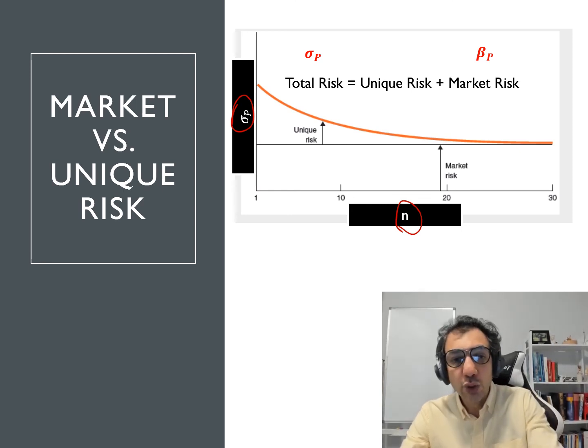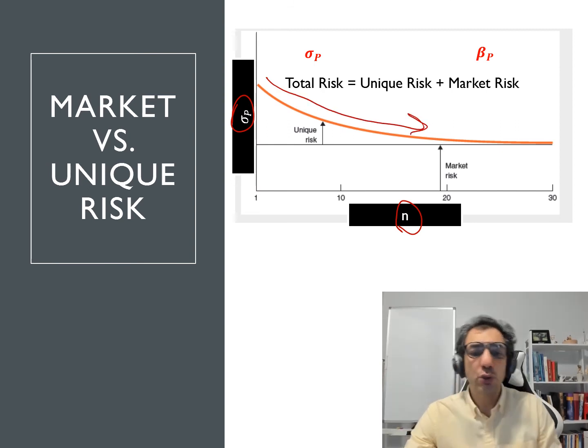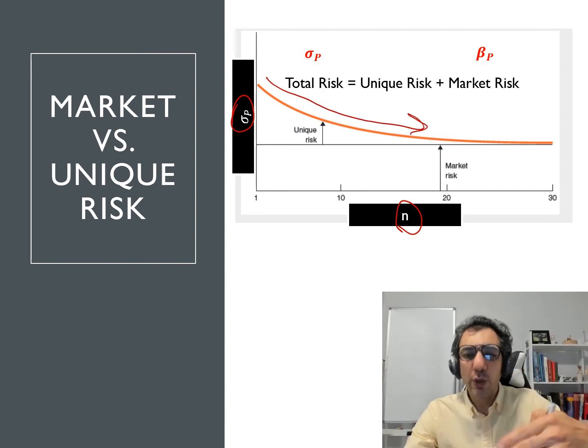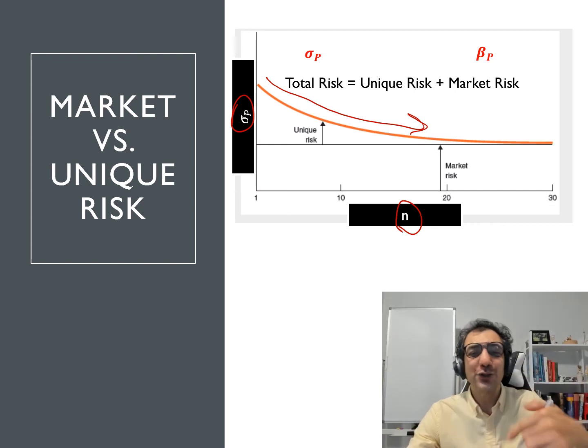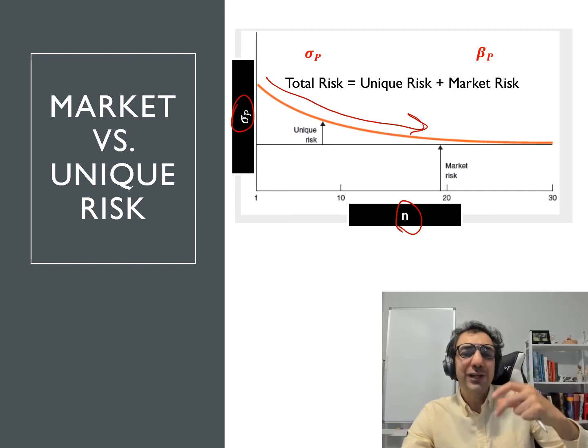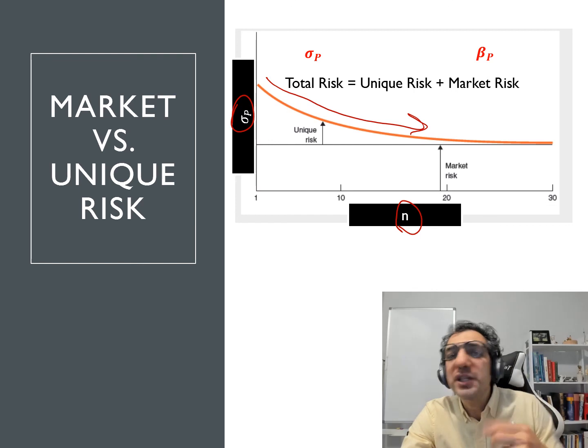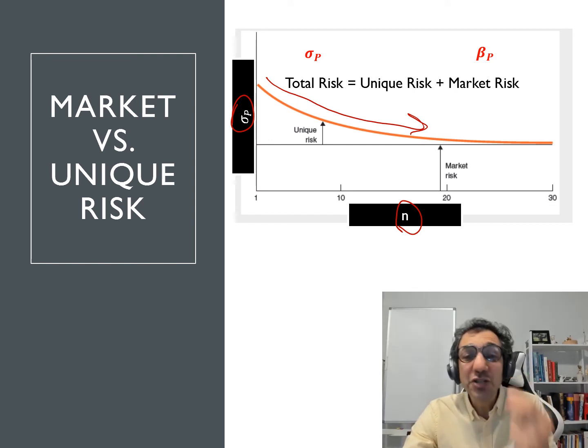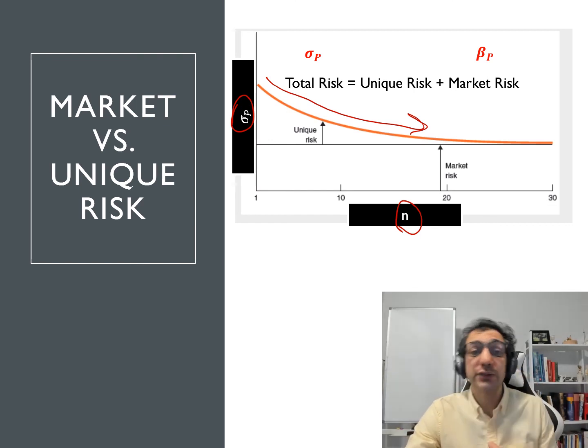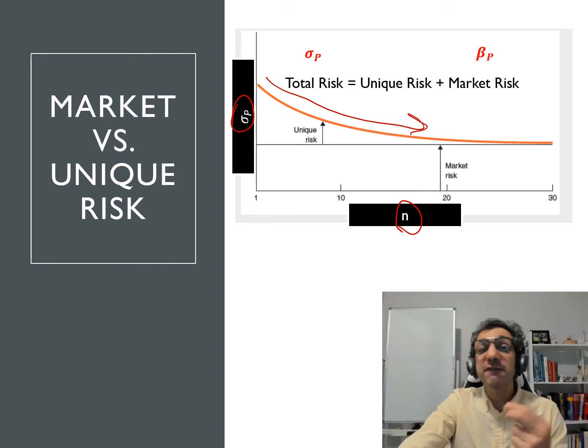As you're adding more assets, to some degree, you can reduce your risk. After adding like 20 or 25 stocks, you see that the total risk is not reducing anymore. This is the risk which we call market risk or non-diversifiable risk.